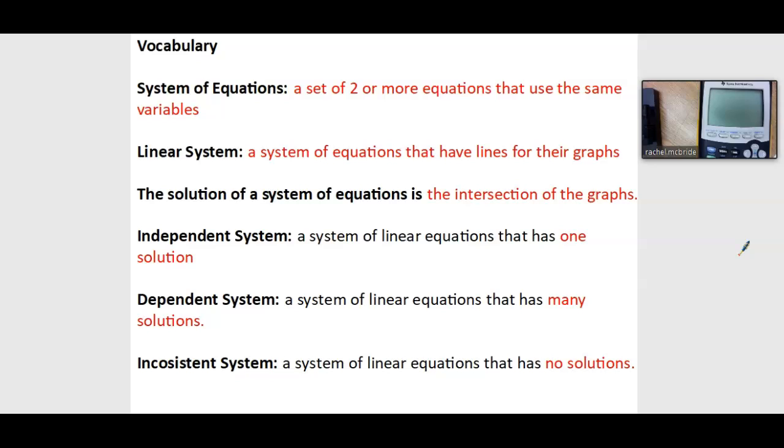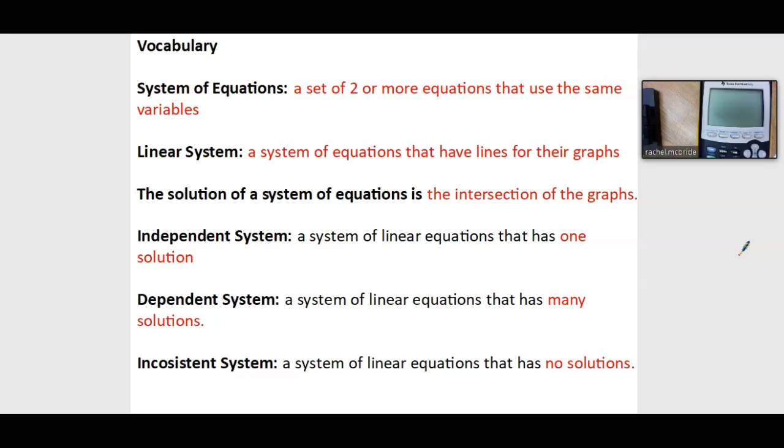The solution of a system of equations is the intersection of the graphs. So if the graphs don't intersect, then we have no solution, which would be parallel lines.